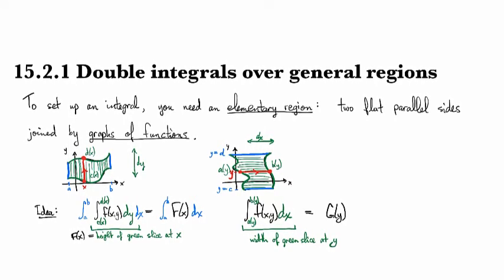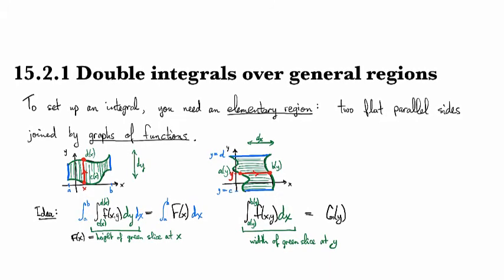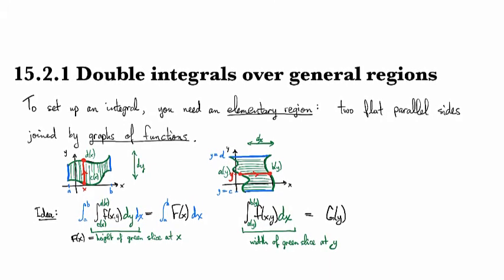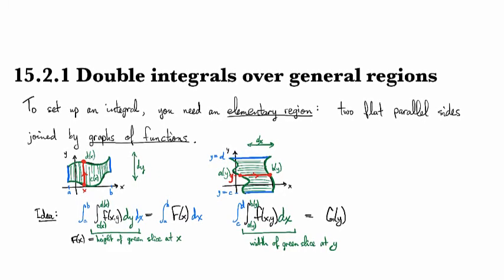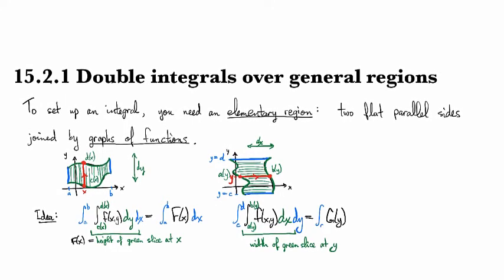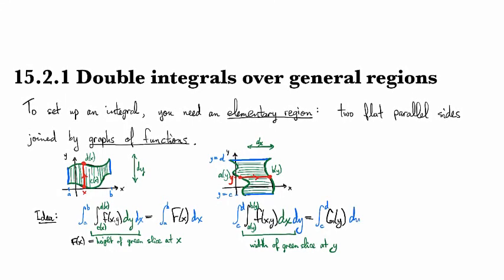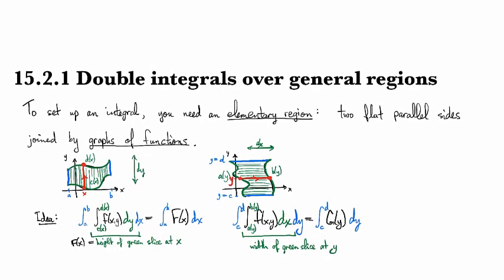Okay, so now that I've got that width, the size of that slice, I integrate the length of those slices from bottom to top. So I'm going to integrate from c at the bottom to d at the top, and we're picking these up in a direction parallel to dy. So we integrate from c to d, dy, and that would be our total integral.